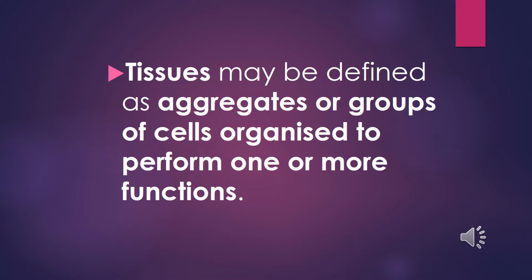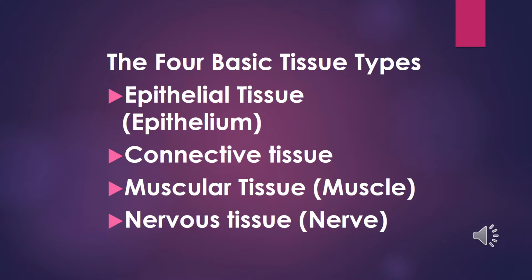Inside a tissue there are not just cells, there is extracellular substance too. Four basic types of tissues are present in the human organism: epithelial tissue, connective tissue, muscular tissue, and nervous tissue.